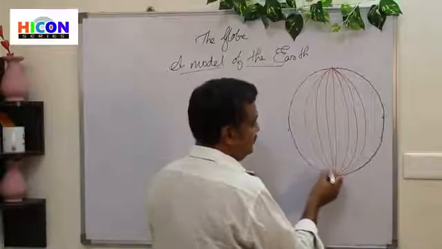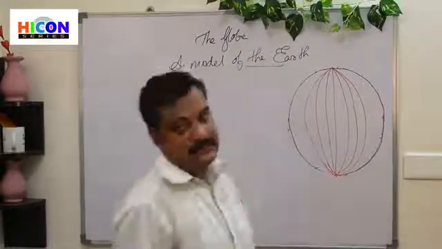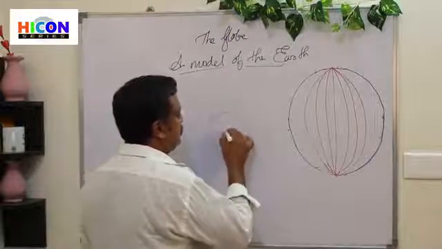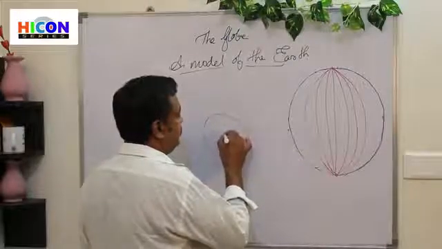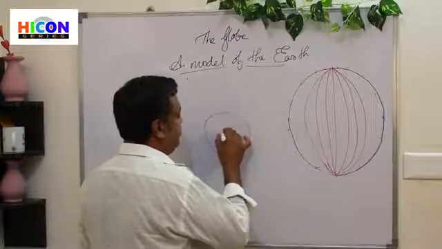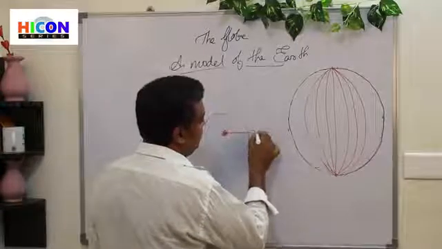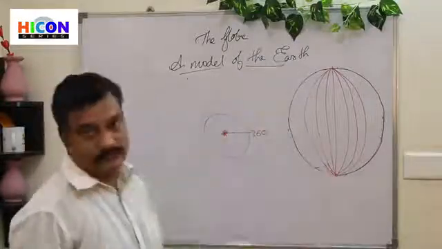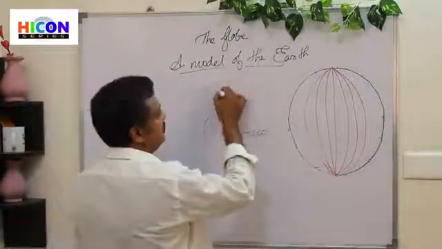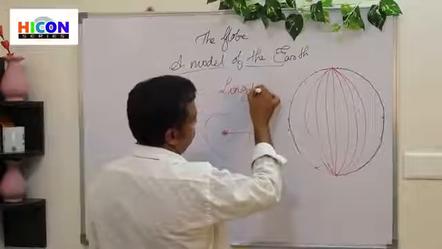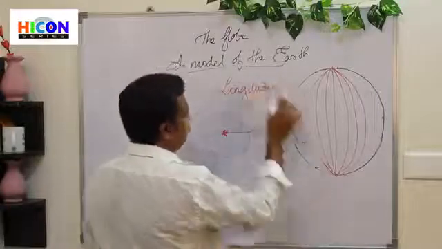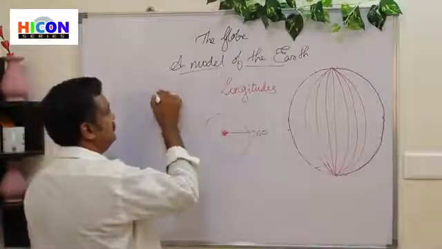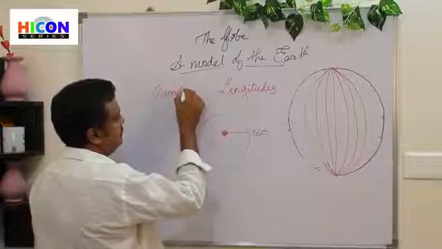When we consider the top pole, if this is the north pole, there will be lines starting at every degree, and we have 360 such lines running from the north pole to the south pole. Okay, these lines are known as longitudes, and they are also known as meridians.